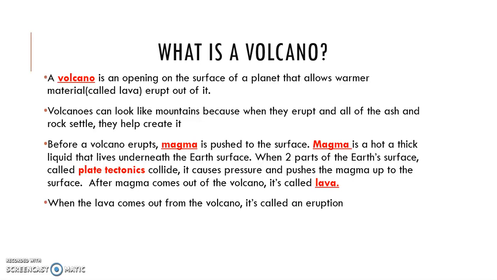When 2 parts of the Earth's surface, called plate tectonics, we did review that in another unit, collide, it causes pressure and pushes the magma up to the surface, and after the magma comes out of the volcano, it is called lava. And of course, when the lava comes out, it's called an eruption.